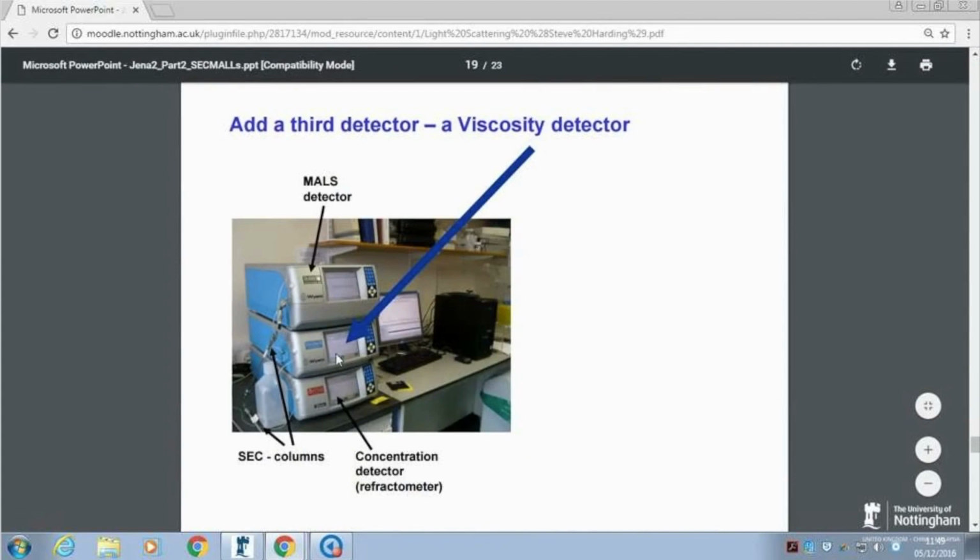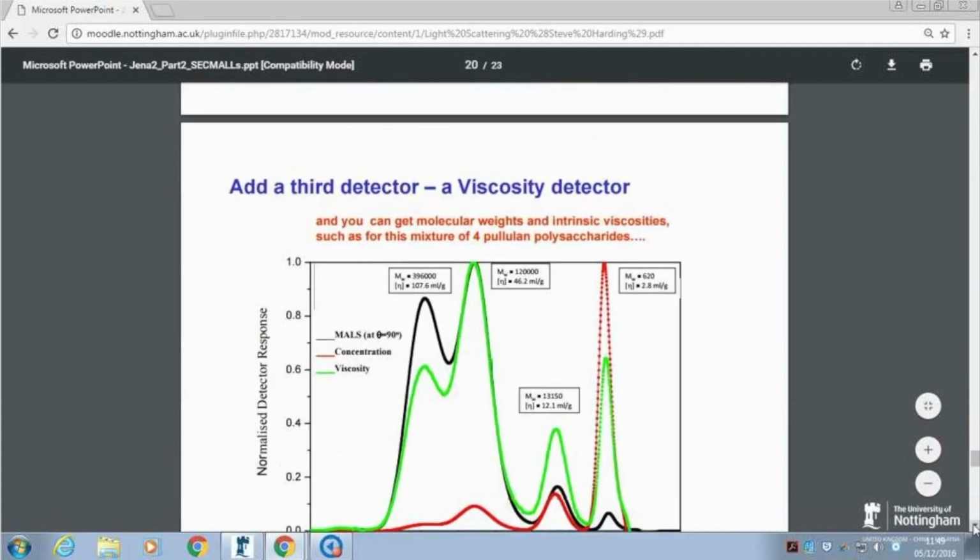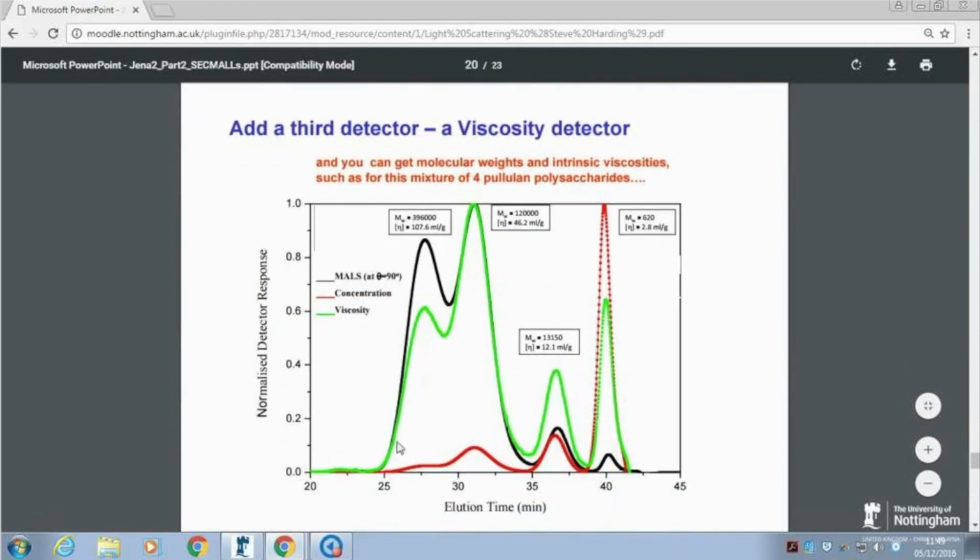And this is the third detector, which is the viscosity detector. It means you can get distributions of viscosity as well as distributions of molecular weight. This is a mixture of 4 polysaccharides.